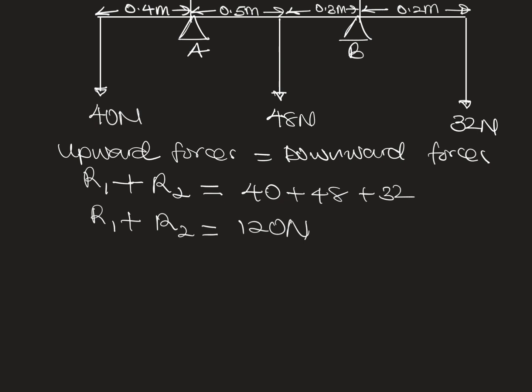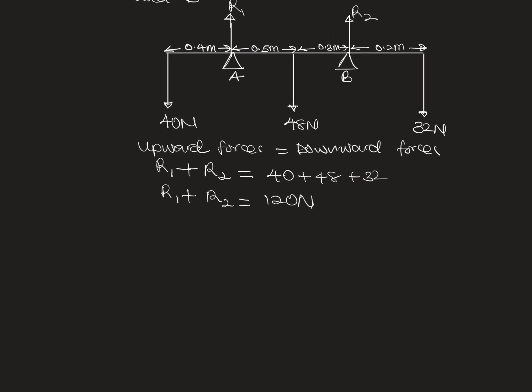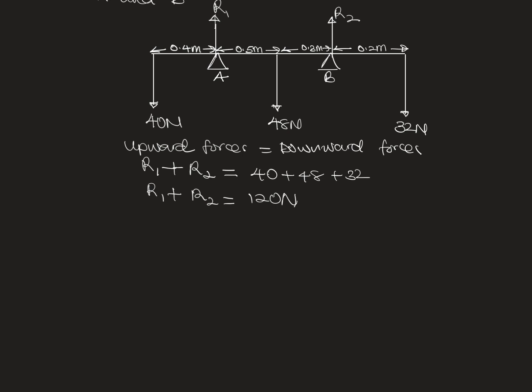The other principle of moment states that the total sum of the clockwise moments must be equal to the total sum of the anti-clockwise moments. Here, because we are going to take moments from B, we're going to assume that we do not have pivot A. So let's try to draw and see which forces will act clockwise and anti-clockwise in this case.